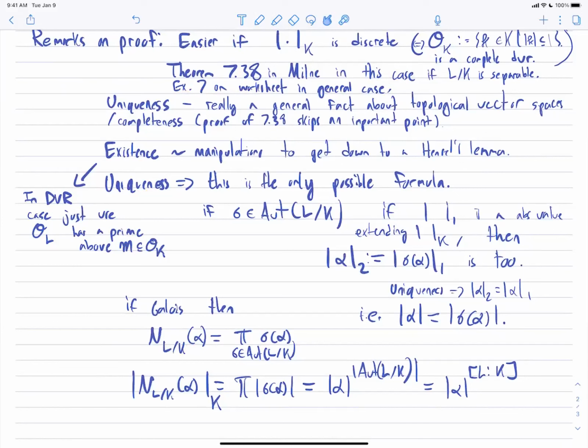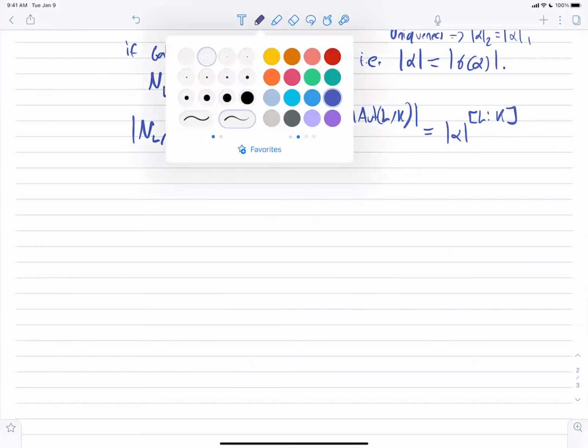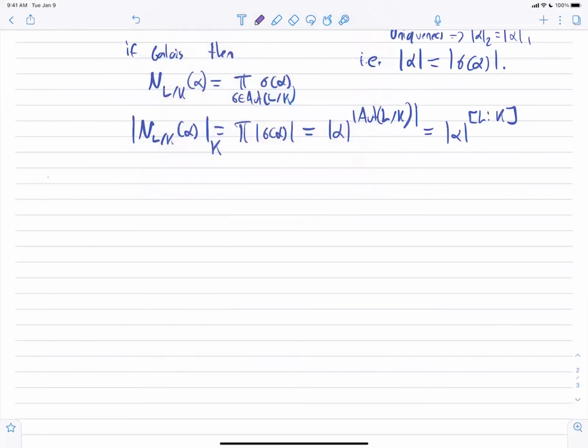Okay, good. So let's see what this does for us. Let me say a quick corollary. Well, this was for finite extensions, but any algebraic extension is a union of finite extensions.